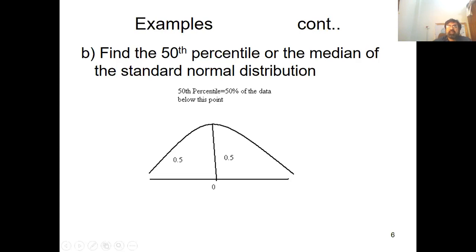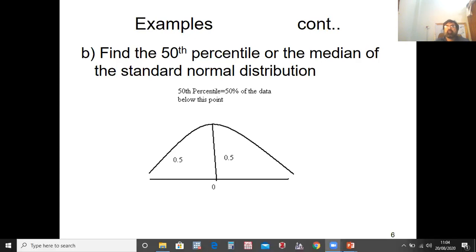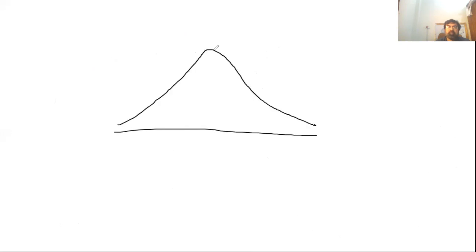Let me explain it further. Just have a look at this curve. This is the 50th percentile.